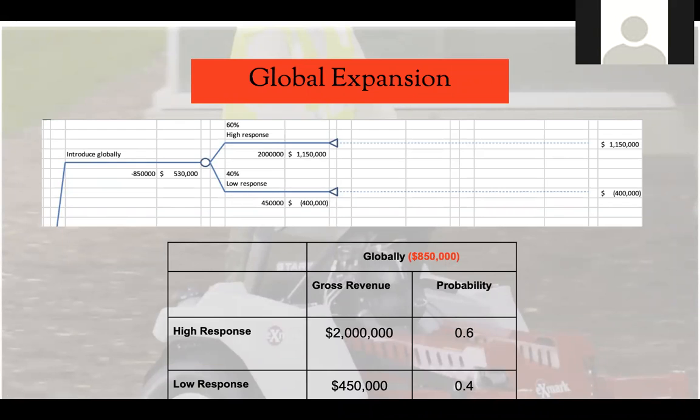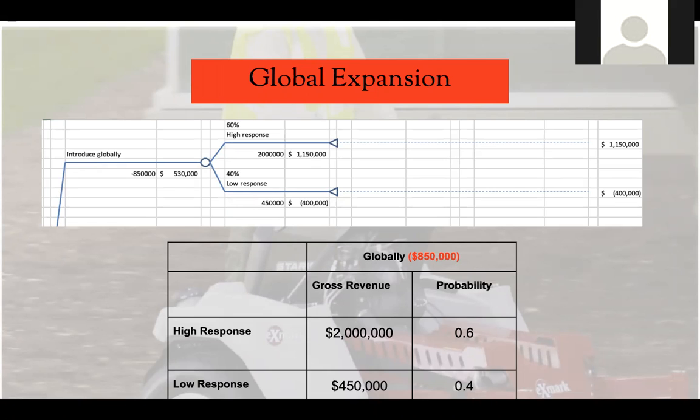If the company chooses to introduce the product globally or evaluate it in North America, Performance Lawn Equipment might find either a high or low response to the product. If it introduces the product globally, probabilities of the events are estimated to be 0.6 for high response and 0.4 for low response.